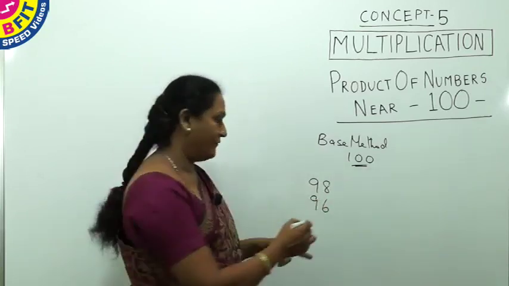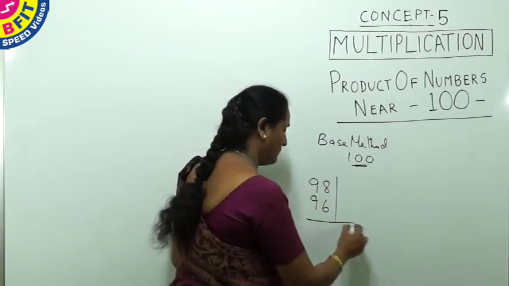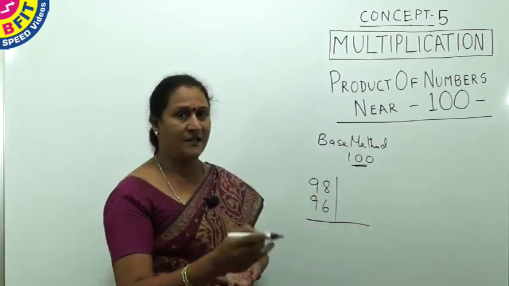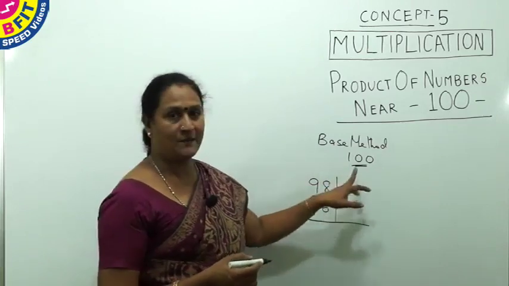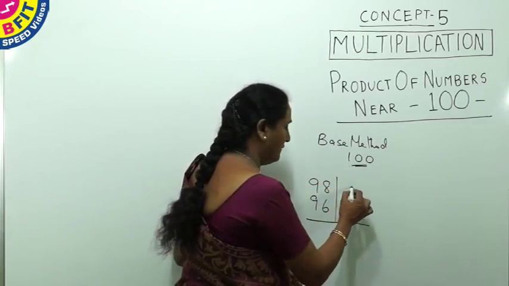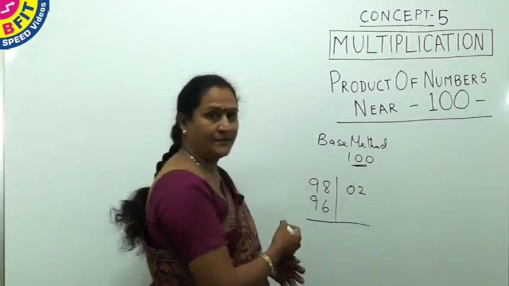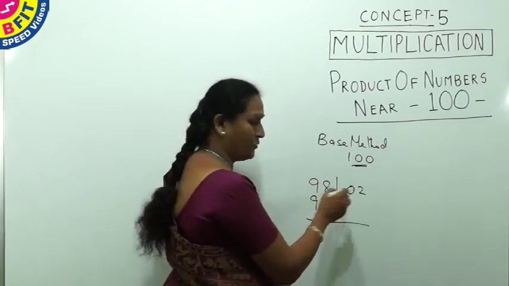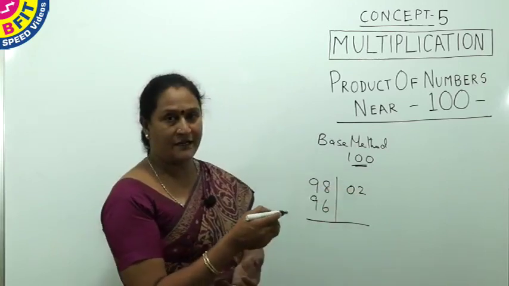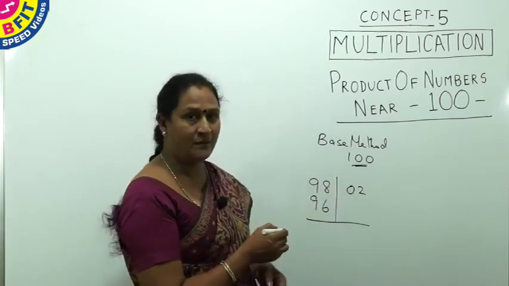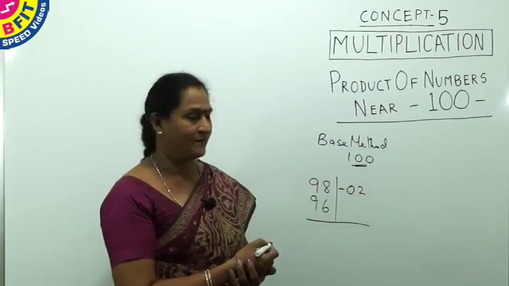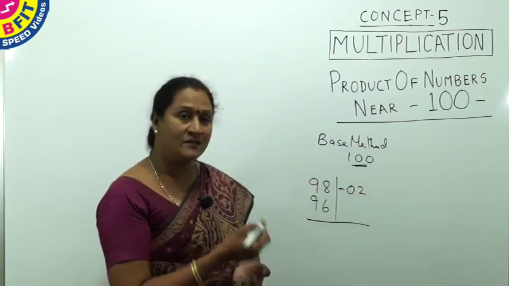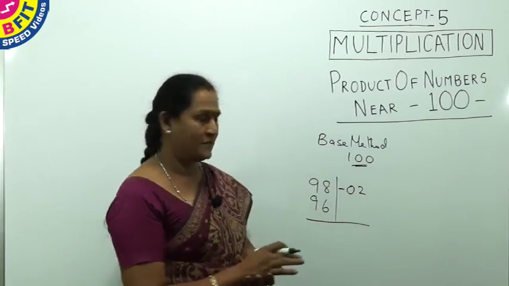Here we check how much less than 100 is 98. It is 2 less than 100. As we have taken the base as 100, we should have 2 digits. So because 100 minus 98 is 2, we write a 2-digit number, 02. As it is less, we take it as minus. And how much is 96 less than 100? That is 4 less than 100.